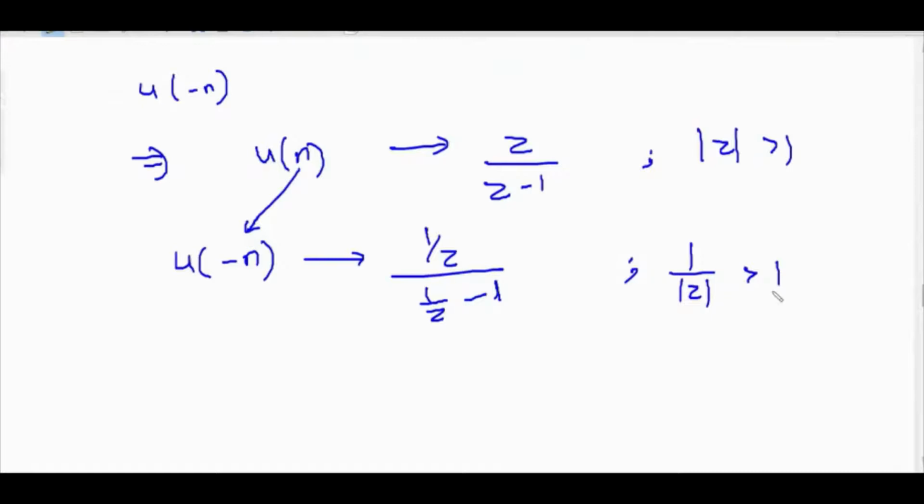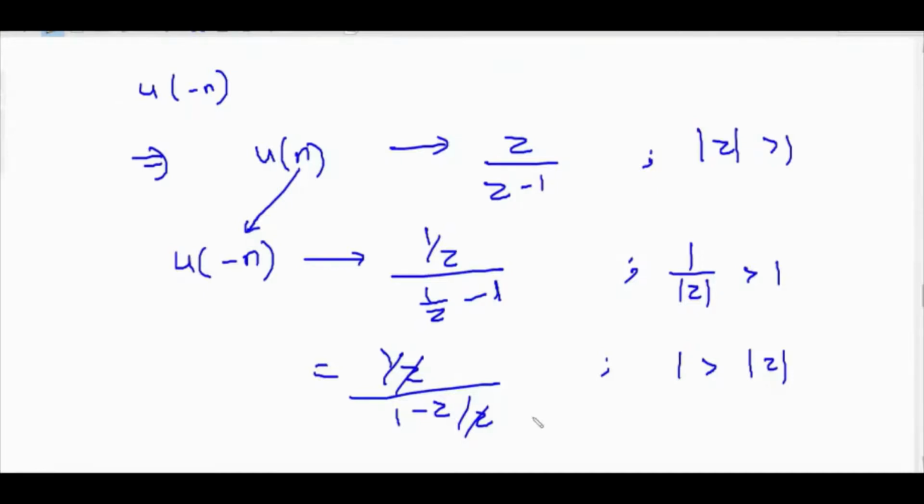Now just simplify it. So 1 by z divided by, cross multiply, 1 minus z divided by z. This z gets cancelled out, and the ROC becomes 1 is greater than magnitude z.